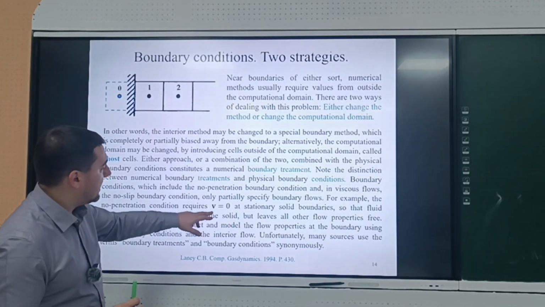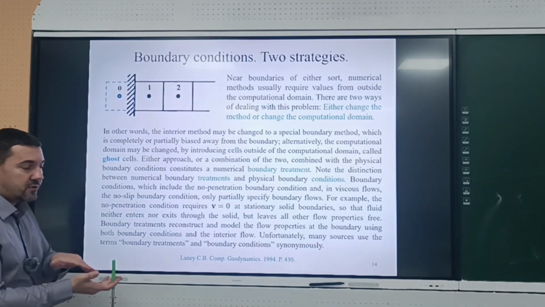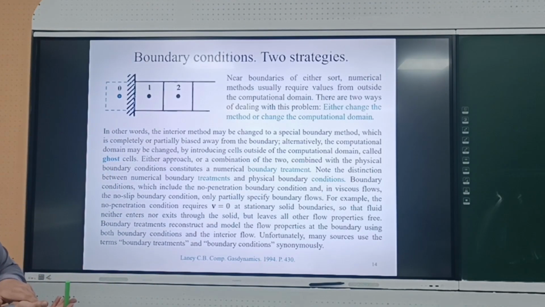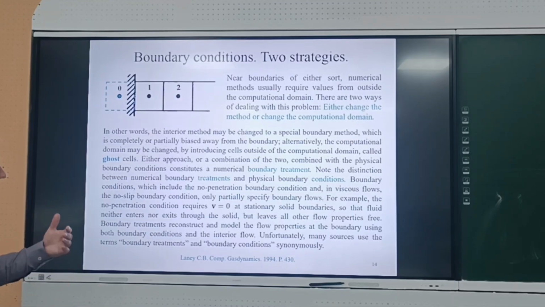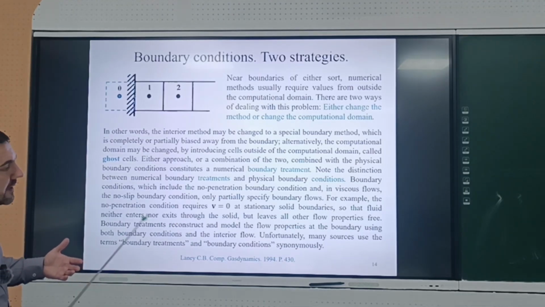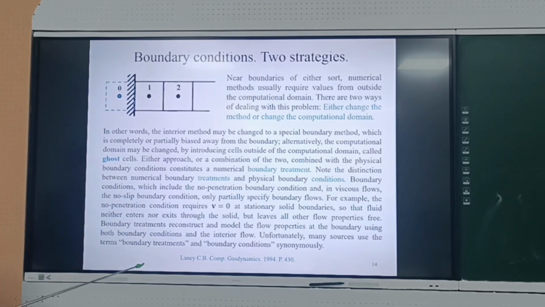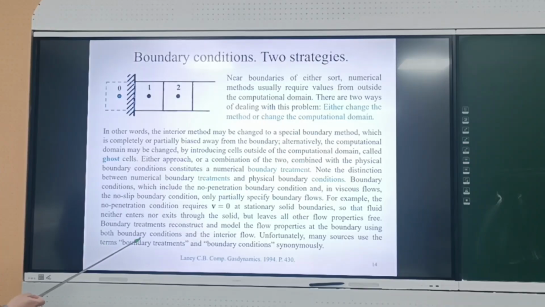No slip means that V equals 0, so the velocity of the gas should equal 0 on the surface. But you also have pressure, density, temperature, and so on. So the physical boundary condition does not define all the rest of the properties of the flow.